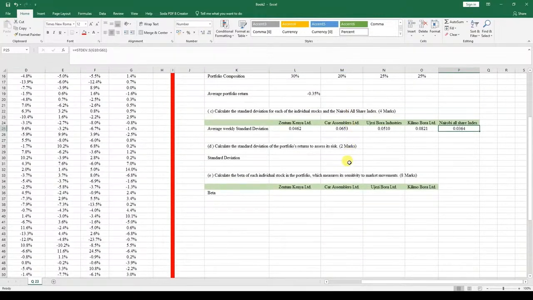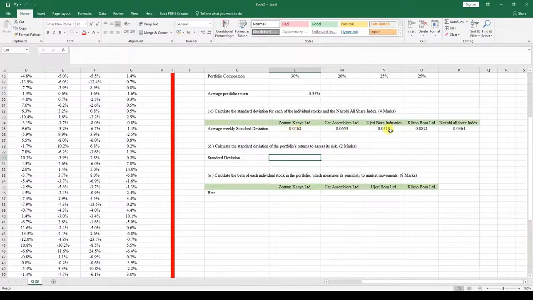Part D, we are asked to calculate the standard deviation of the portfolio returns to assess the risk. And we're saying for us to be able to do that, we will need to consider the weights. The weights would mean that we've already had the standard deviation over here, but now we need to factor in the weights.